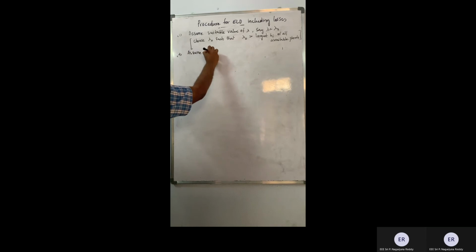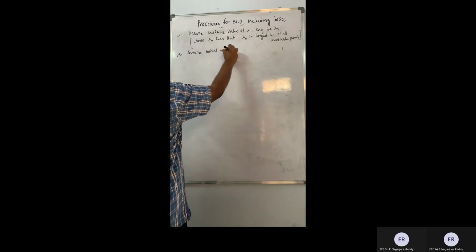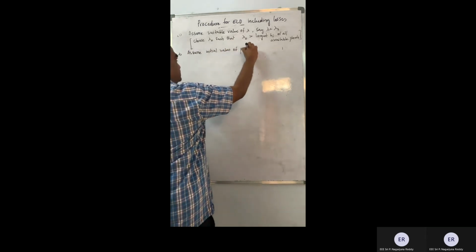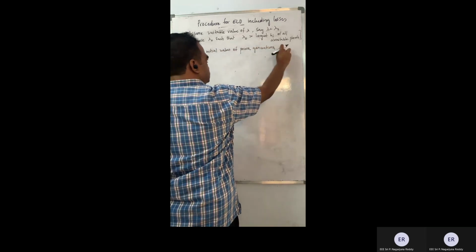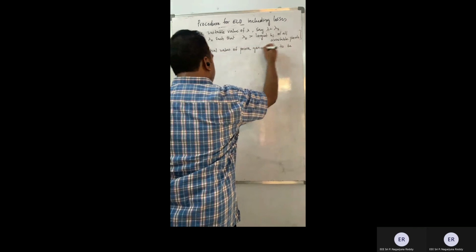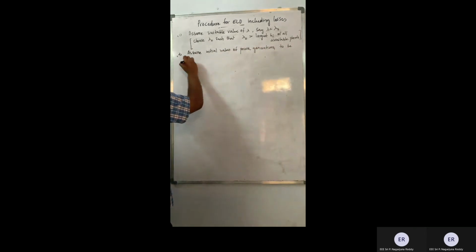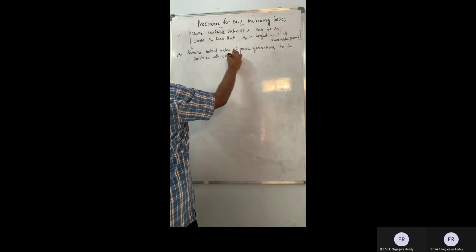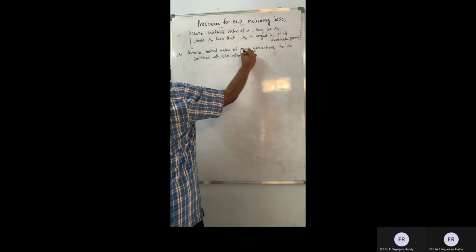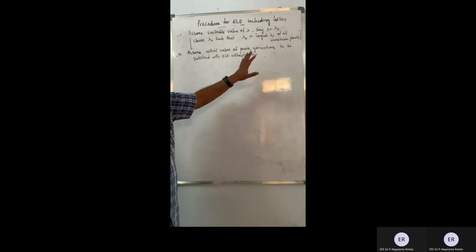Assume initial values of power generation to be satisfied with ELD without losses. So what is this all about? You need to have an initial estimate of the initial value of power generation.